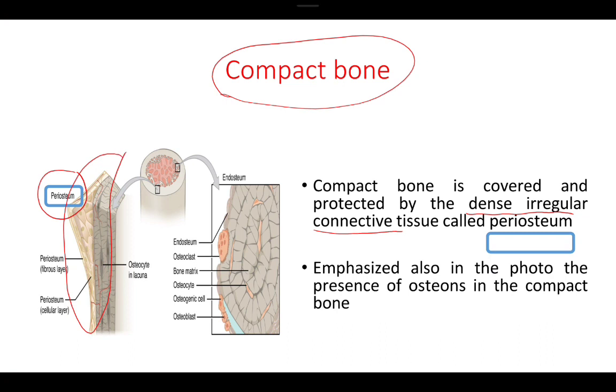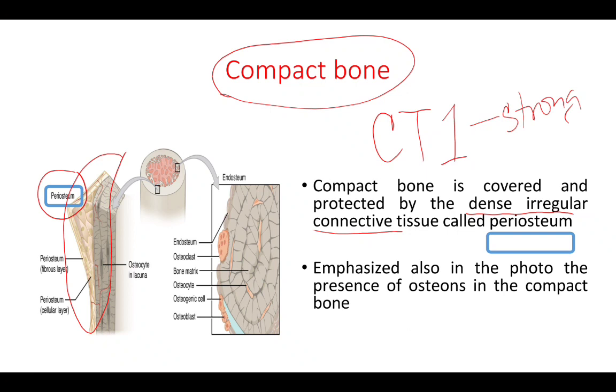Since you can clearly see that it is covered by dense irregular connective tissue, you can conclude that this connective tissue is made up of collagen type 1. Once again, collagen type 1 is needed if something needs to be strong. Since your bones and your compact bone are hard and need to be strong, it is protected by collagen type 1, the periosteum.